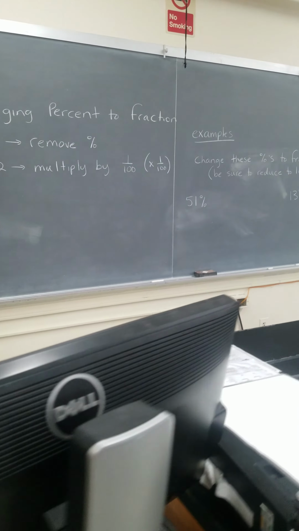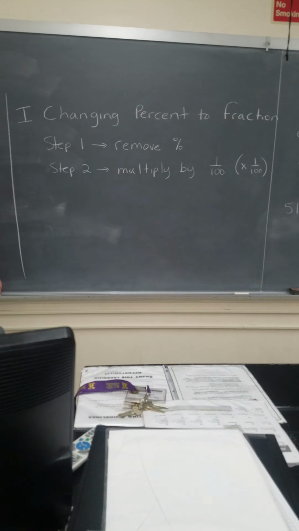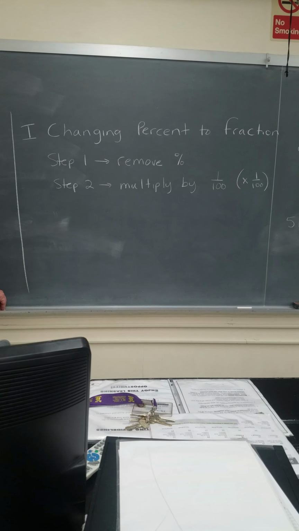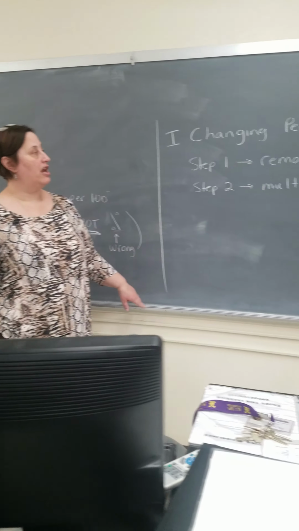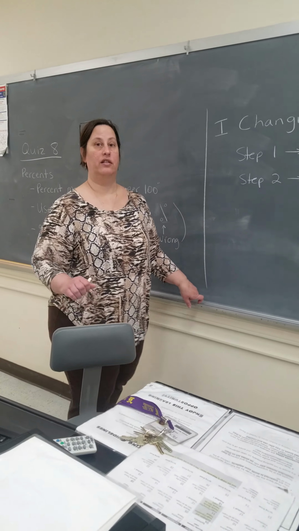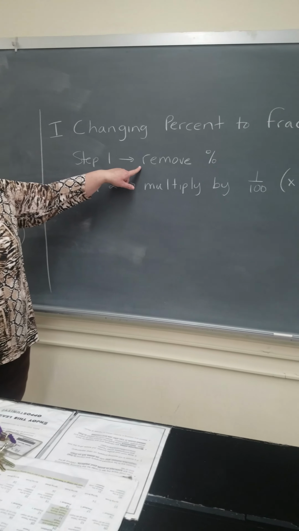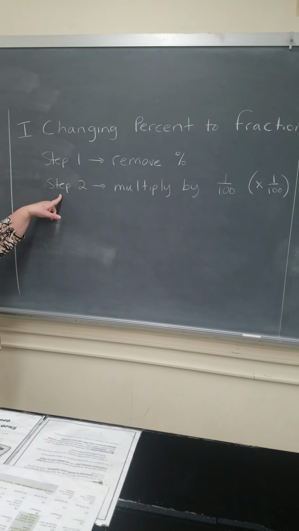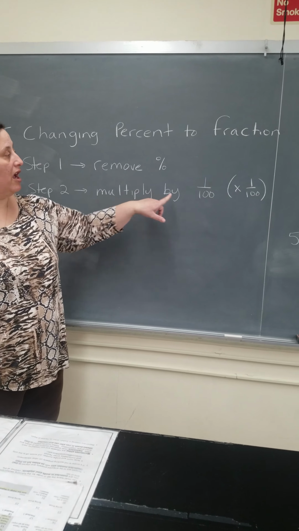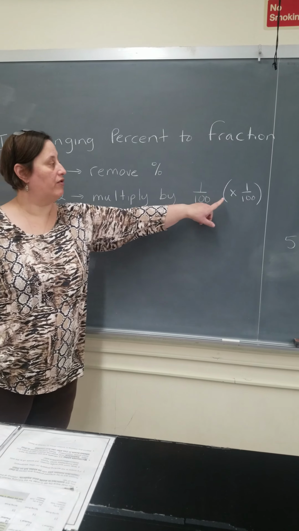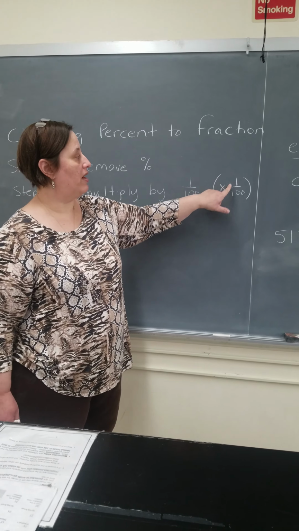All right, so here is the first topic. In the first topic, we're going to be learning how to change percents to fractions. It's a 2-step process. Step 1, you're going to remove the percent sign. Step 2, you're going to multiply the remaining number by 1 over 100. So I drew over here times 1 over 100.